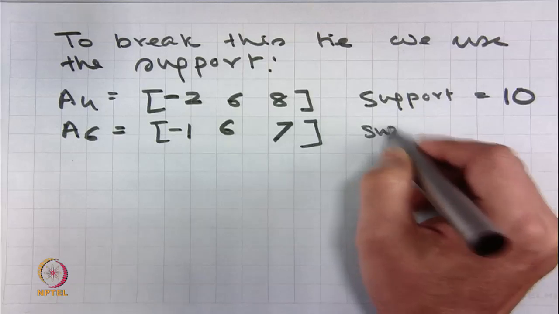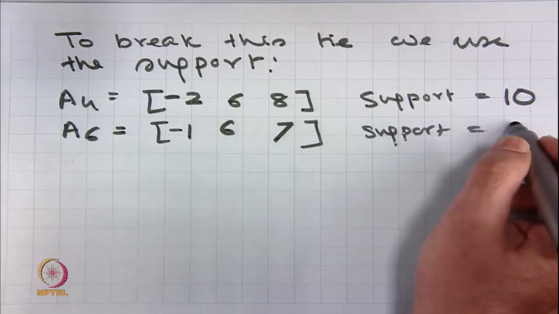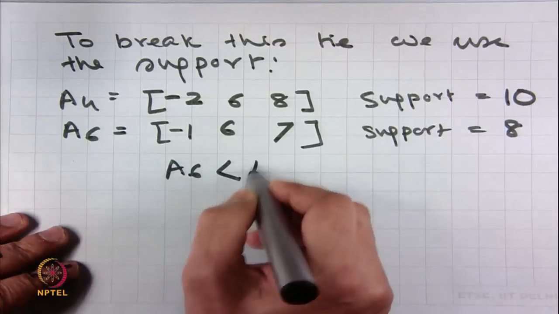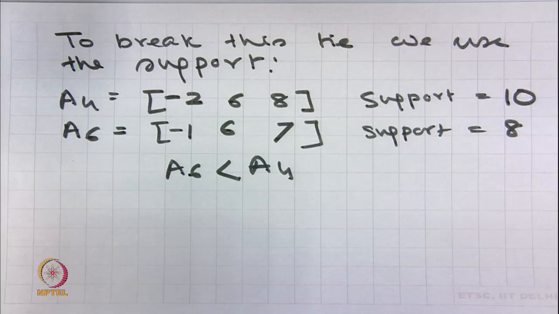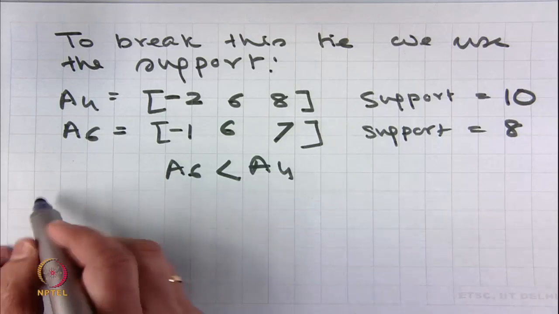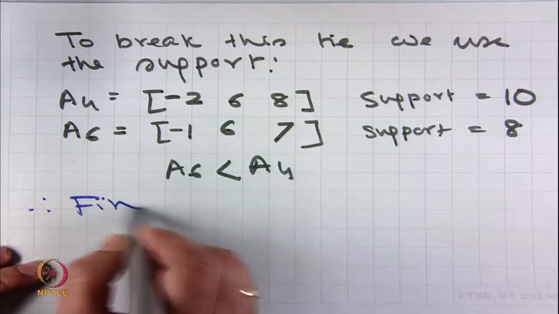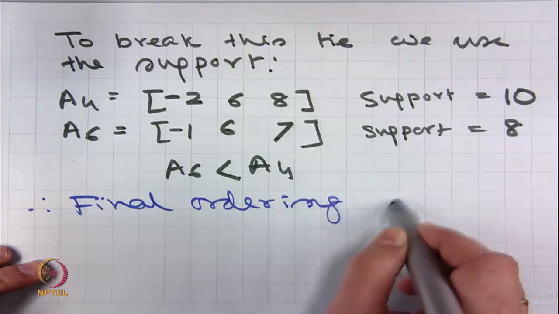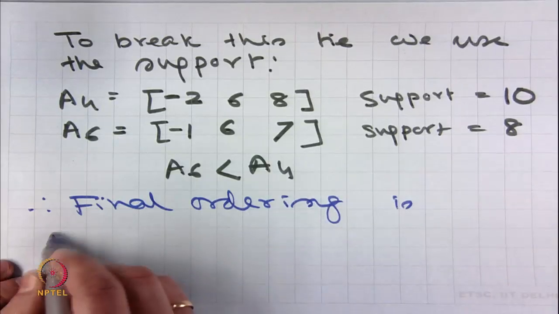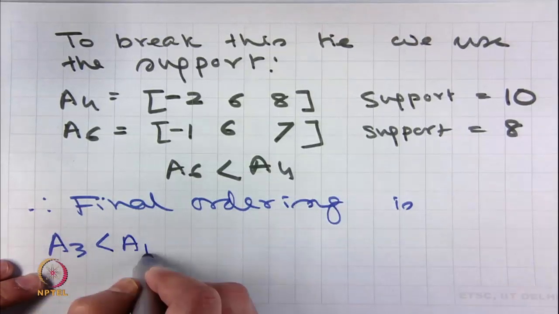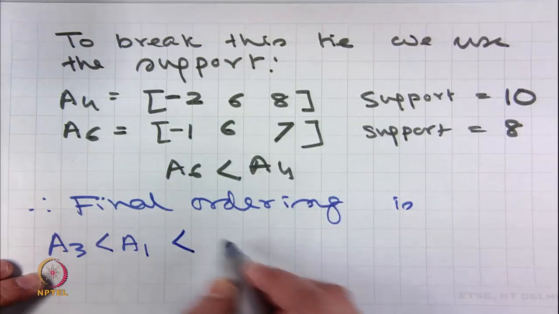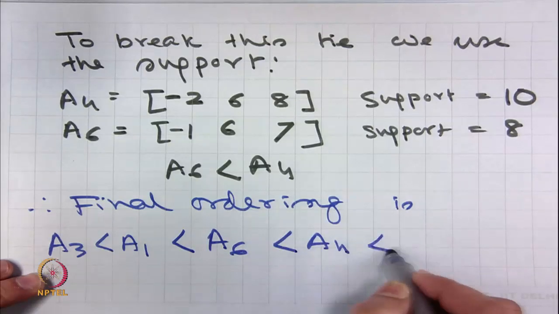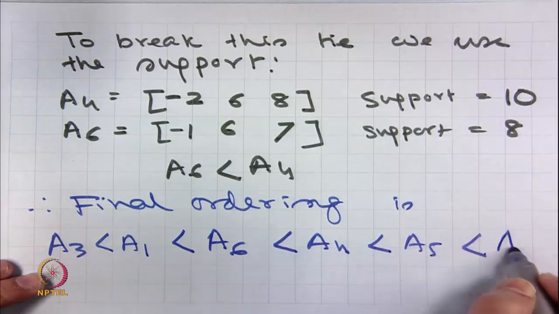Here the support is equal to 8 and therefore, we can write A6 is less than A4. Therefore, final ordering is A3 less than A1 less than A6 less than A4 less than A5 less than A2.